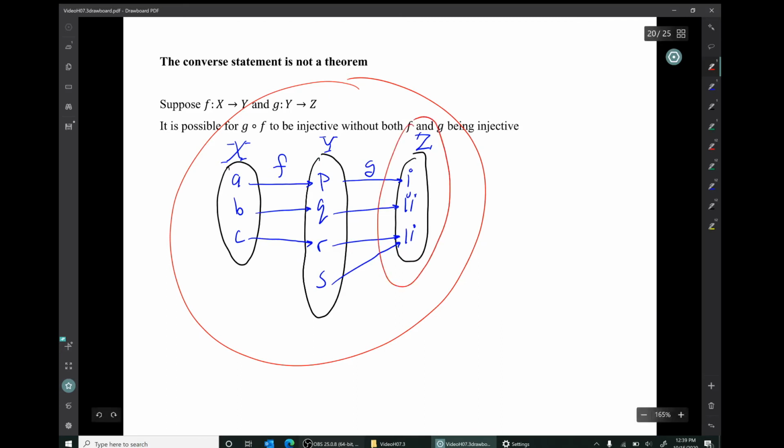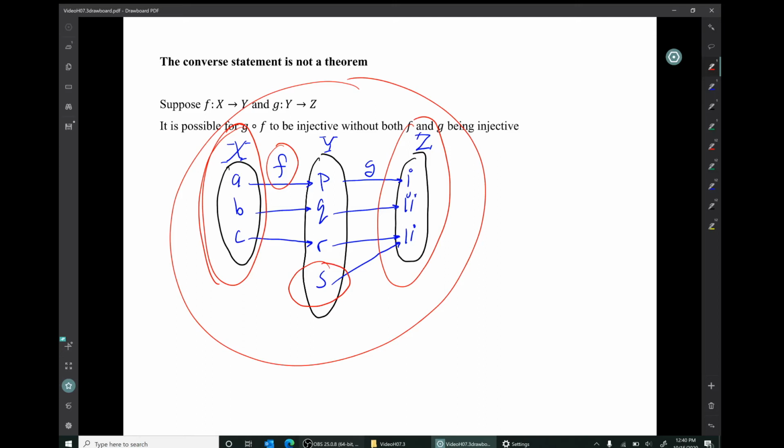Every one of these elements of set Z can be achieved as an output for some input chosen from set X. But notice that this function f is not surjective. There is no element of the set X that will give an output of S from set Y. So this is an example where the composition g composed with f is surjective, but f is not surjective.